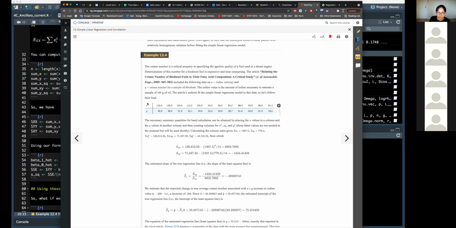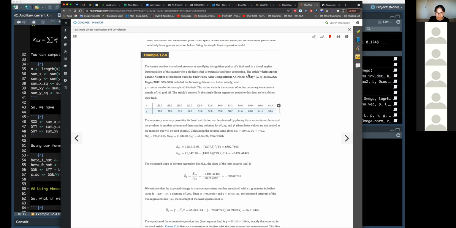Well, anyway, this is describing what the data is used for in this example. It is about a certain number, which is an indicator for the ignition quality of a fuel used in a diesel engine. Determining this number is expensive and time consuming.